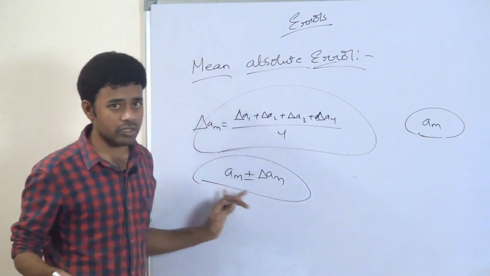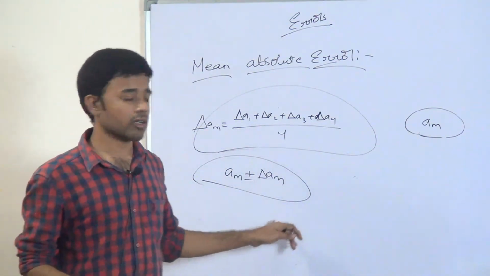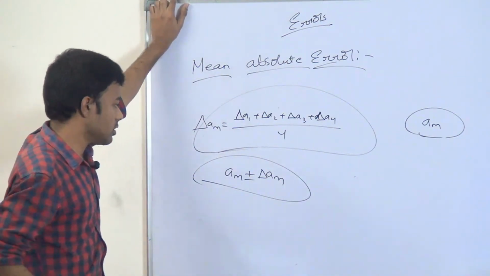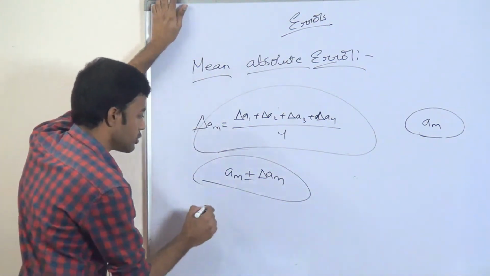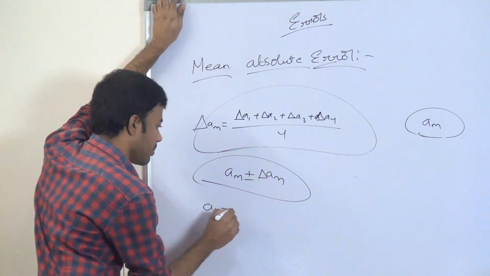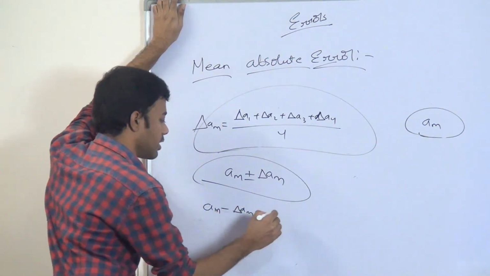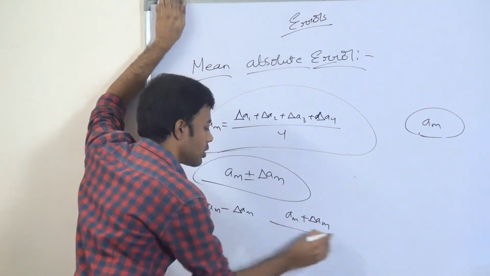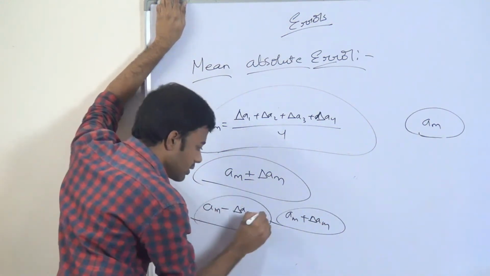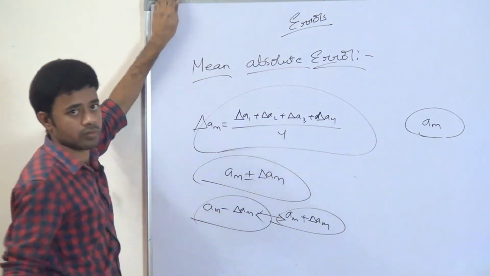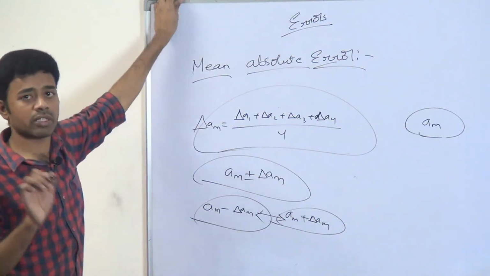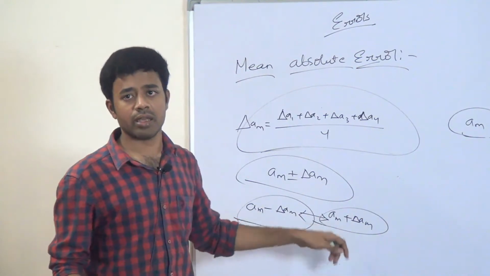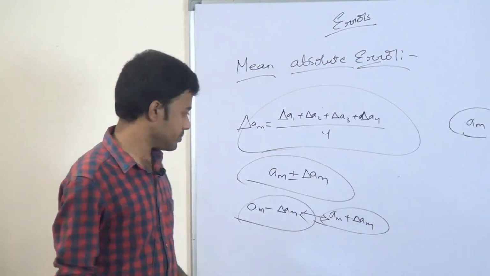The minimum value should be AM minus delta AM, and the maximum value can be AM plus delta AM. All the values have to be present in between these two.